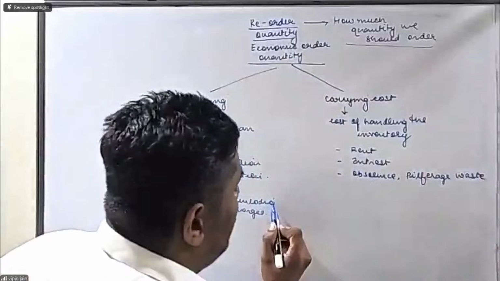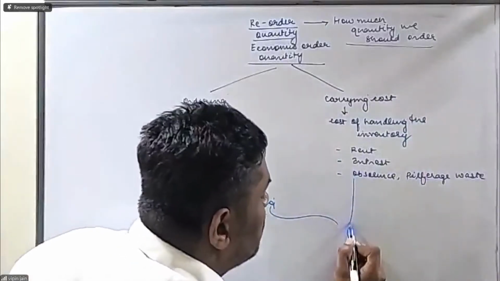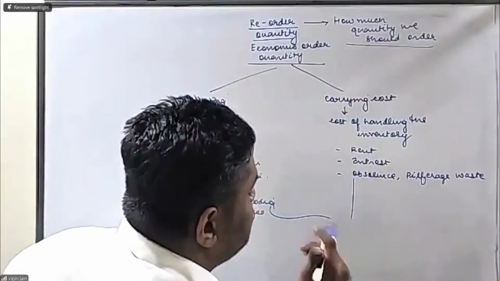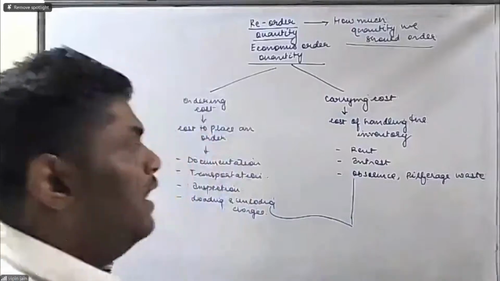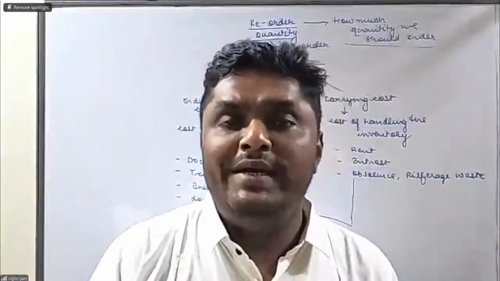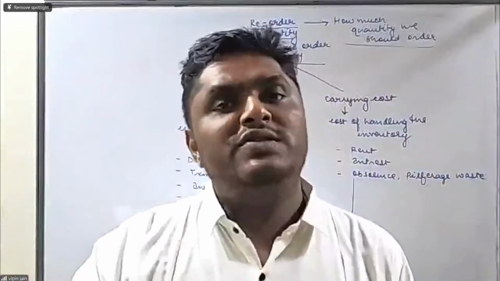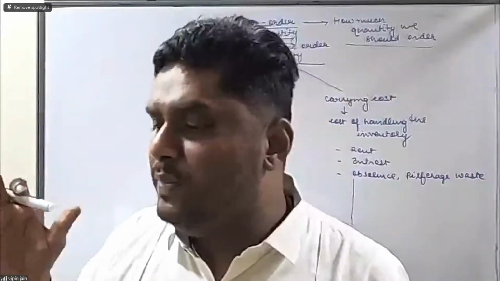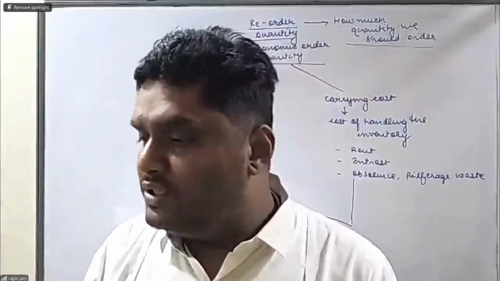So ultimately what we have to do, we have to order so much quantity so that my ordering cost is also minimum and carrying cost is also minimum. In aggregate, the total cost is minimum.